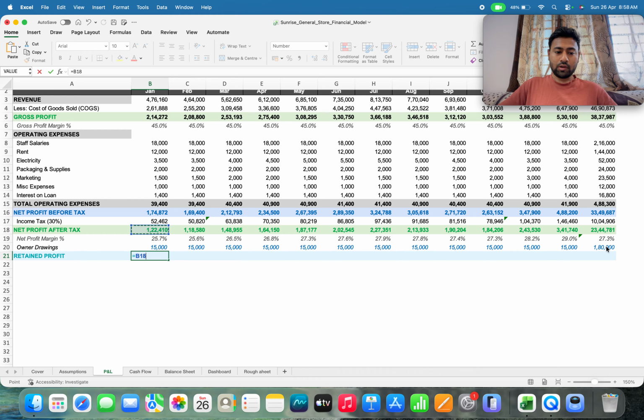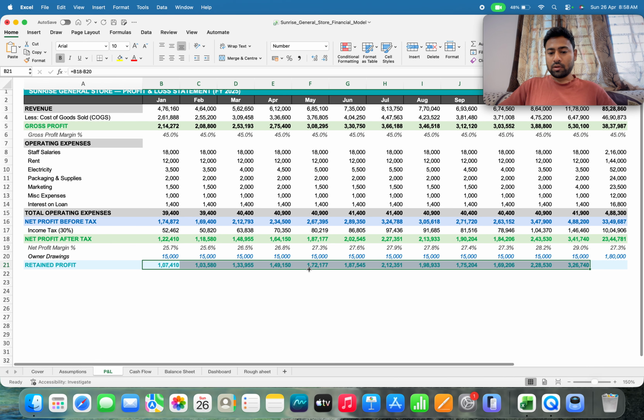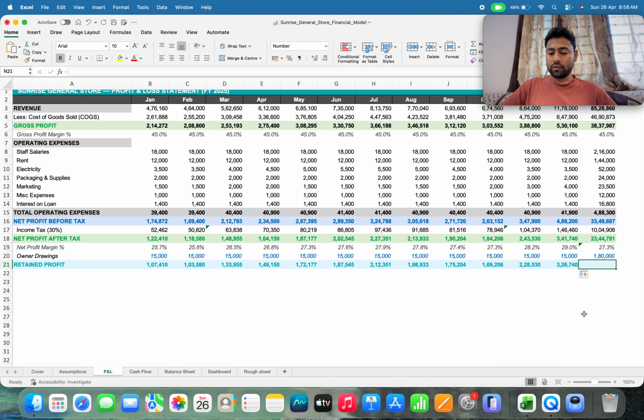So this is the net profit. We will subtract this from this, we will get the retained profit, so we calculate the retained profit of a year.